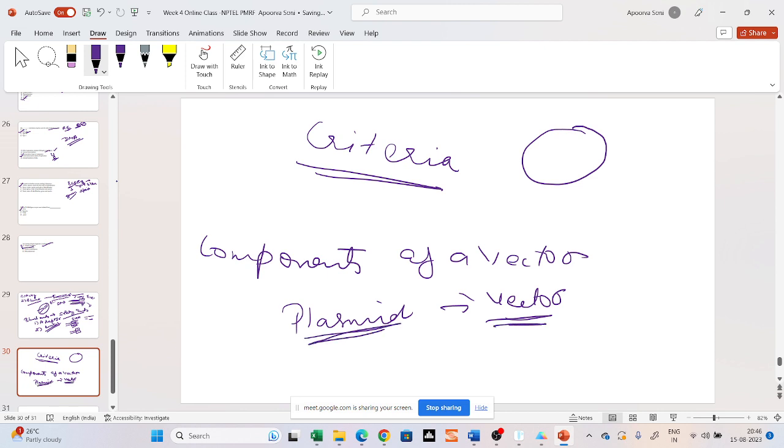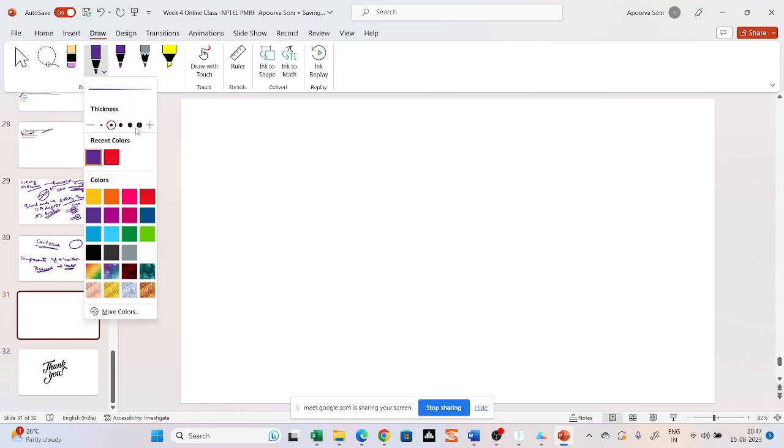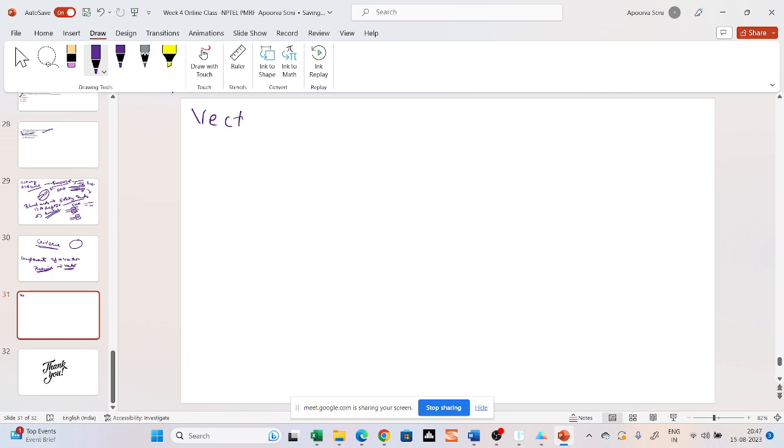The first thing is that a vector should be able to replicate when it is going inside a host cell. So a vector should have, first thing, origin of replication. Okay.